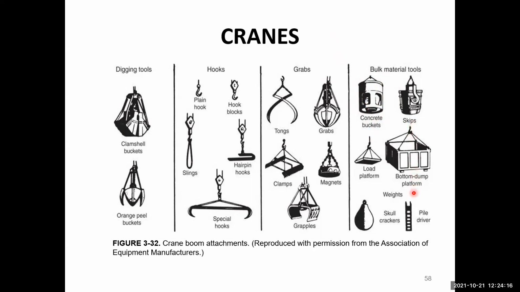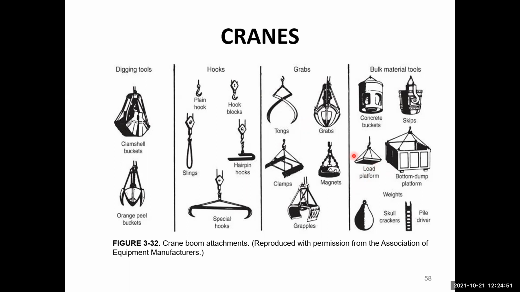Skips, bottom dump platforms, load platforms, pile drivers, skull crackers. For breaking hard materials, the skull crackers can be used. And these types of grabs help to hold the materials. For different types of materials, there will be different requirements for holding them, so sometimes grabs can be used, sometimes hooks, sometimes loading platforms.